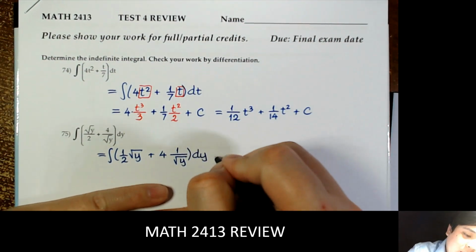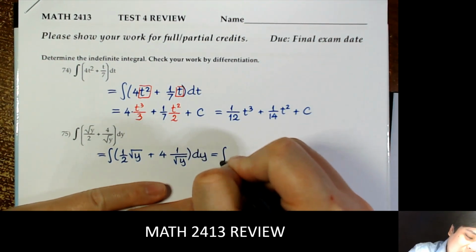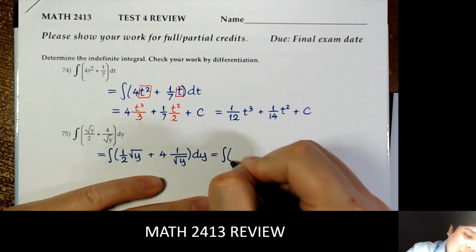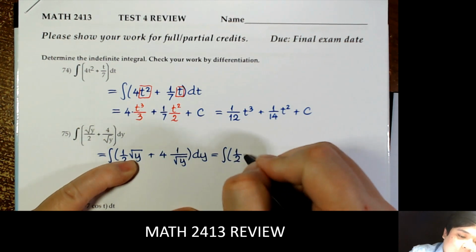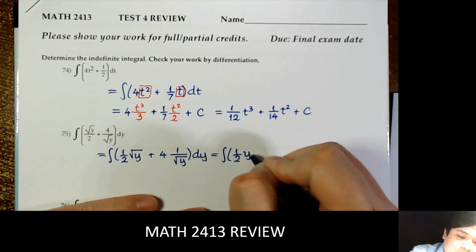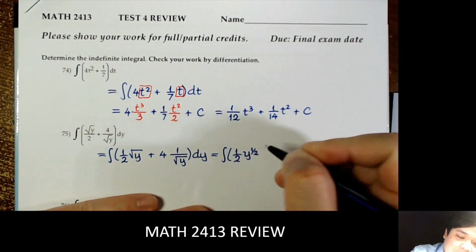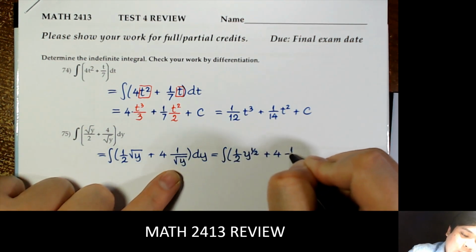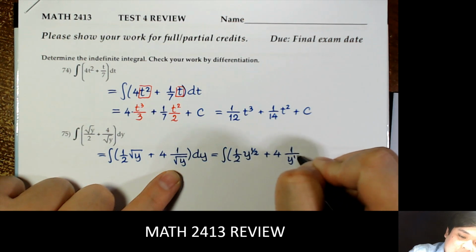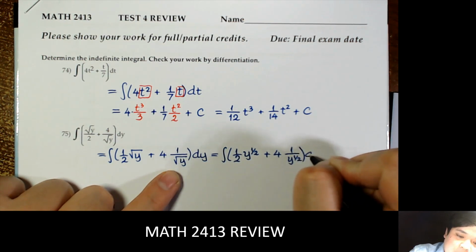Right. And we have 1/2 square root of y. We can write as y to the 1/2 power. And 4 times 1 over y to the 1/2 dy.